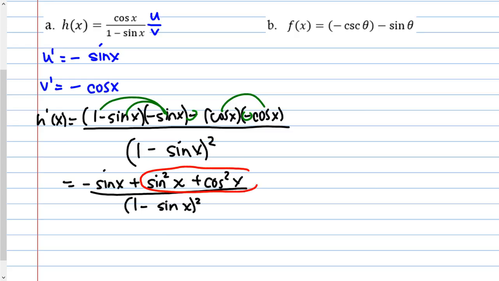Sine squared x plus cosine squared x, the Pythagorean identity, is supposed to equal 1. So I can simplify that part of the function, and I'll have negative sine x plus 1 over 1 minus sine x squared.